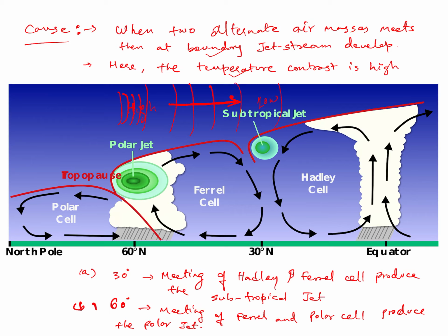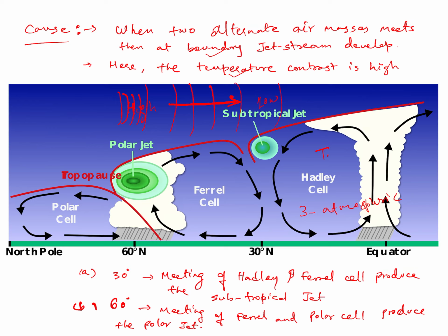Whenever two alternate air masses are meeting, as you can see on the globe, there is a temperature difference between the tropical regions of the equator and the polar region. That temperature difference, along with the rotation of the Earth, produces three atmospheric cells per hemisphere, in the northern as well as the southern hemisphere.